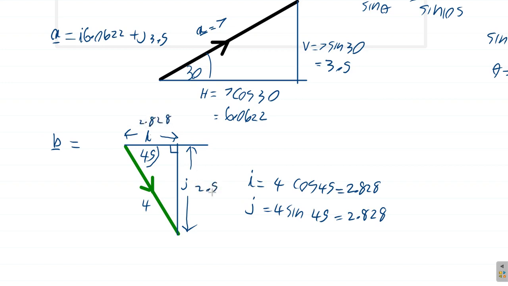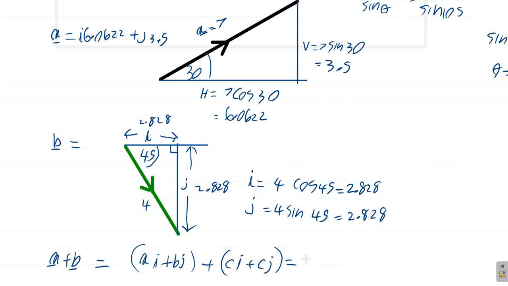So now we want vector A plus vector B. Now, generally, if you have one vector as Ai plus Bj and another vector Ci plus Dj, then for the total you add the i's, A plus C, i, plus you add the j's, B plus D, j.